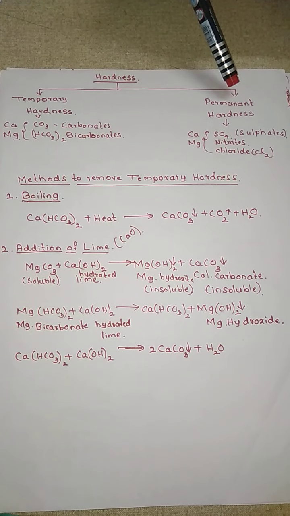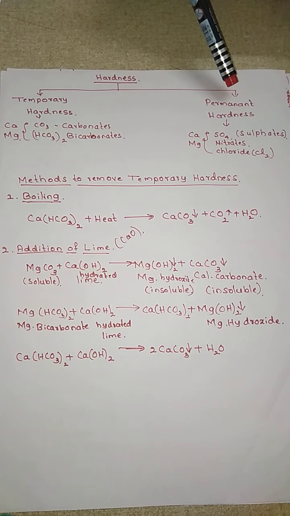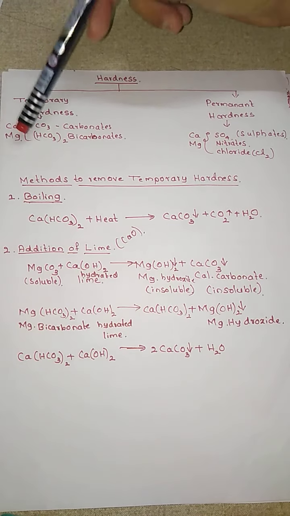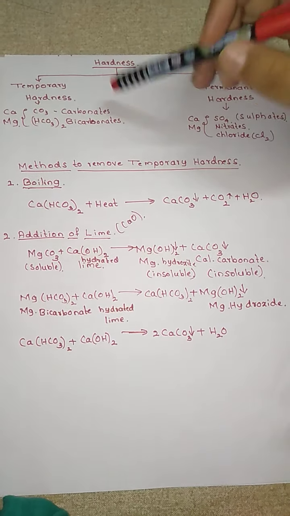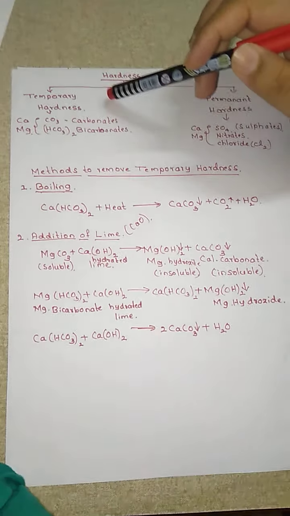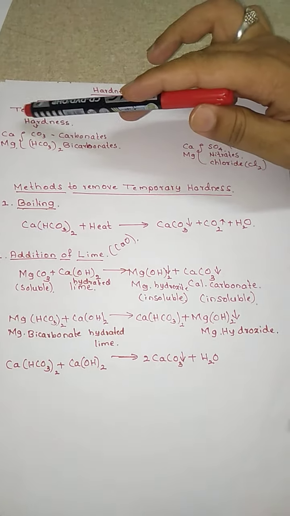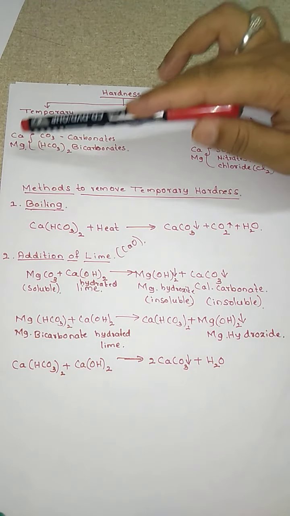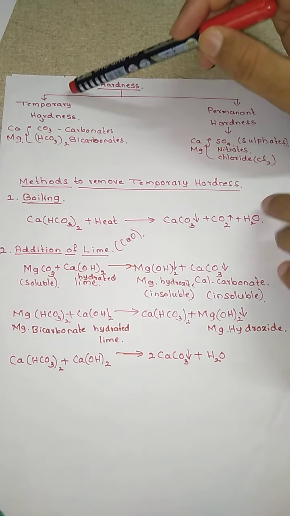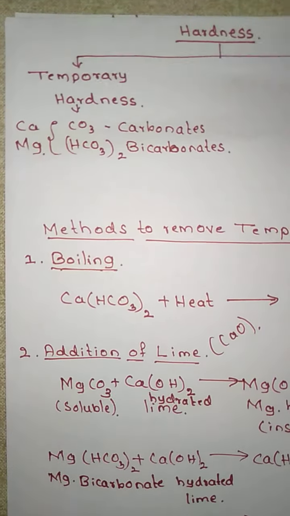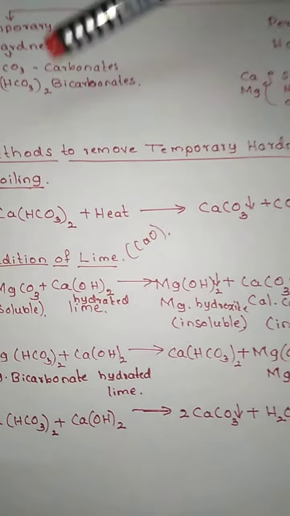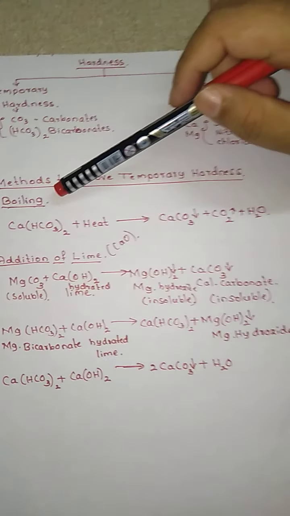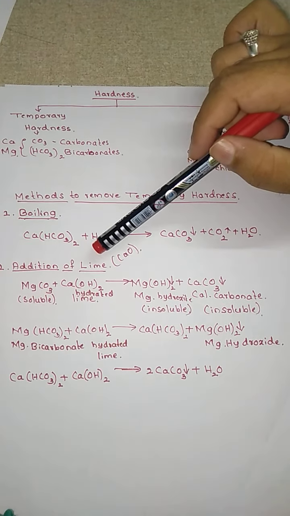Okay, now we are going to see how we can remove this temporary hardness. Temporary hardness is caused by calcium and magnesium associated with carbonates and bicarbonates. In the temporary hardness, we are only going to concentrate on the removal of calcium carbonate, calcium bicarbonate, magnesium carbonate and magnesium bicarbonate. In this temporary hardness removal, there are two methods: one is boiling and one is the addition of lime.